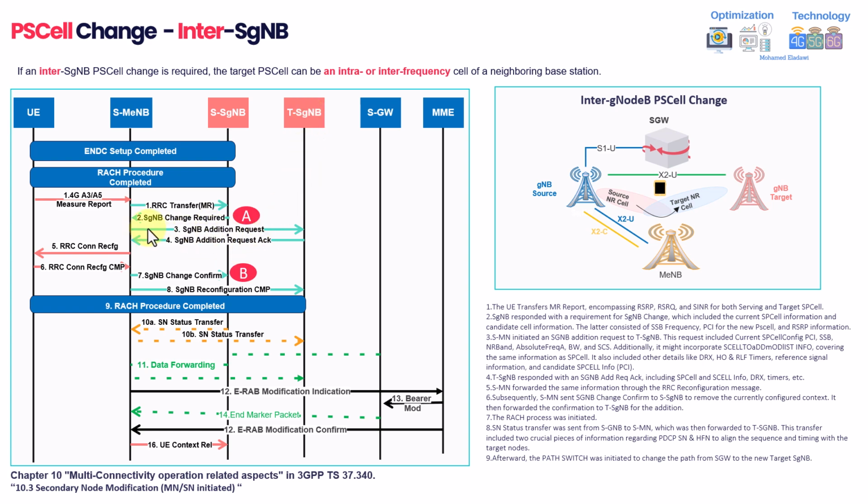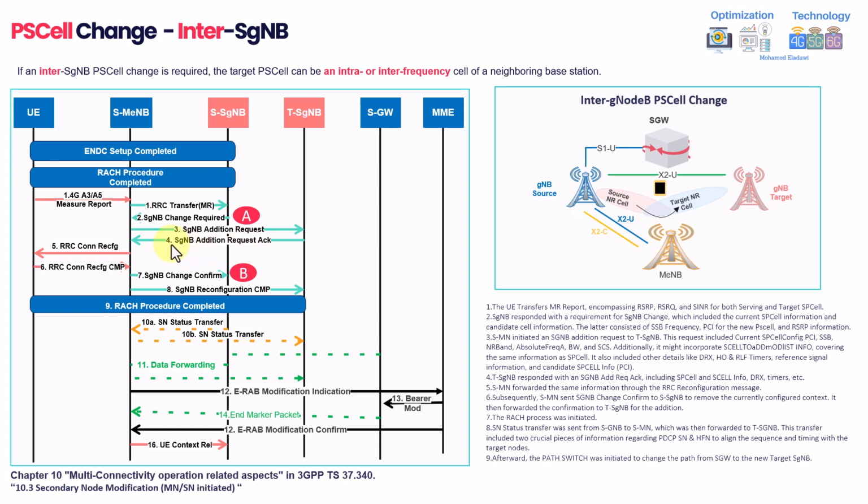It cannot complete, and it cannot send the SgNB addition request. It cannot find the neighbor if it's missing, and if X2 is missing it will be the same issue. So this is also one of the things that might cause handover problems, missing neighbors, especially for the Inter-SgNB handover. So you need to make sure that all the neighbors are defined from 4G to your neighbor side.